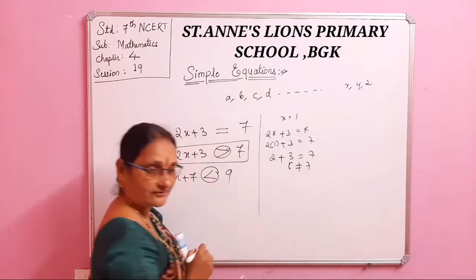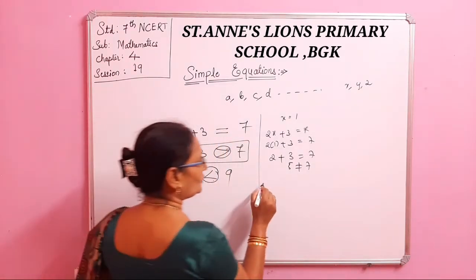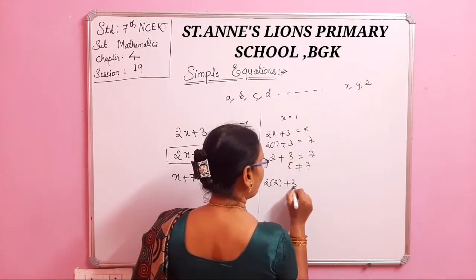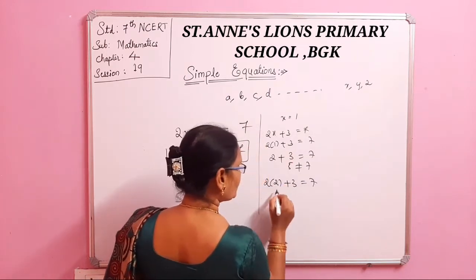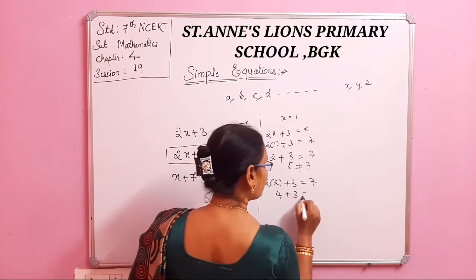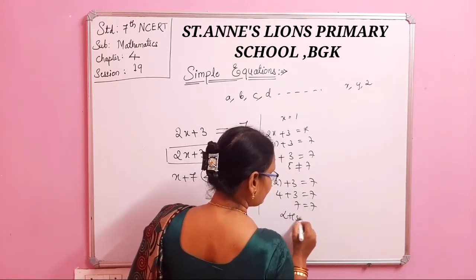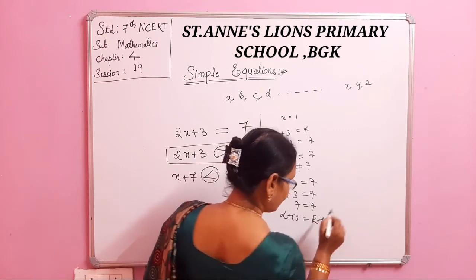No, both are not equal. Then we put x equal to 2. In place of x we put 2. 2 twos are 4 plus 3 is equal to 7. 7 is equal to 7. Yes, LHS equal to RHS.